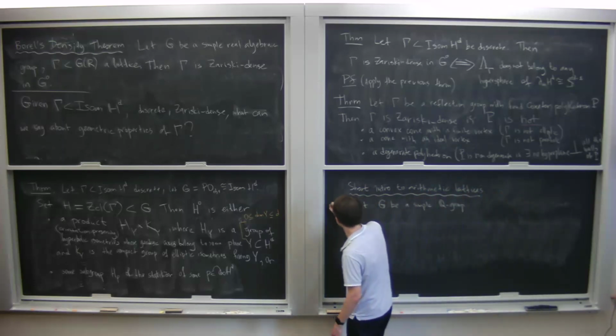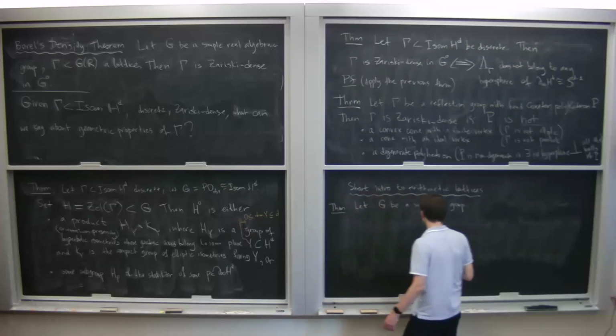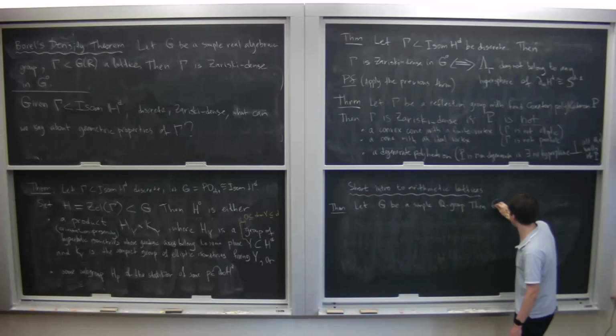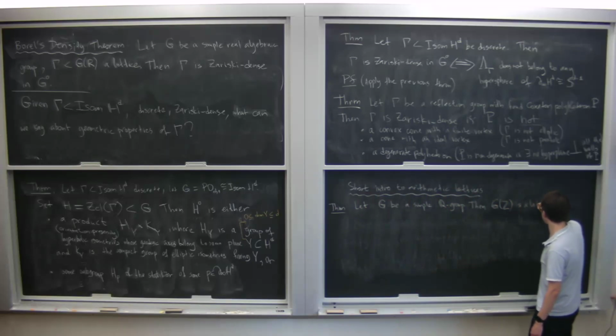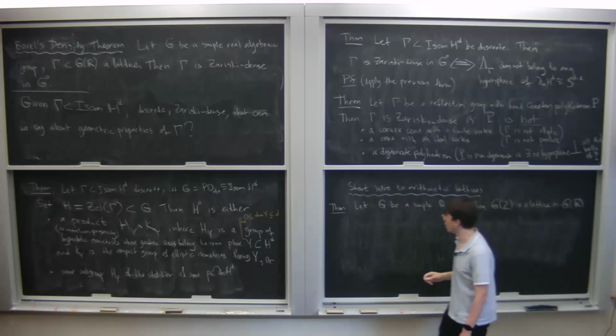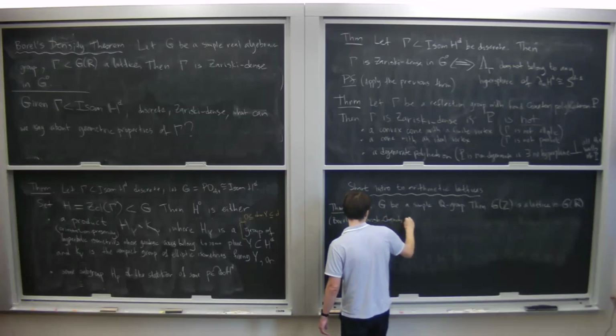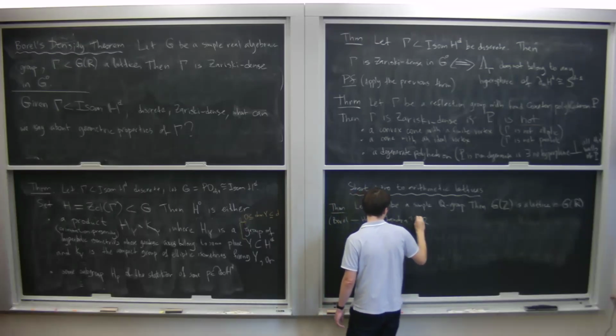This is actually a theorem. Then G of Z is a lattice in the Lie group G of R. This is the so-called Borel and Harish-Chandra theorem from 1962.